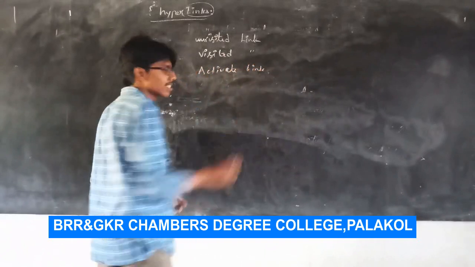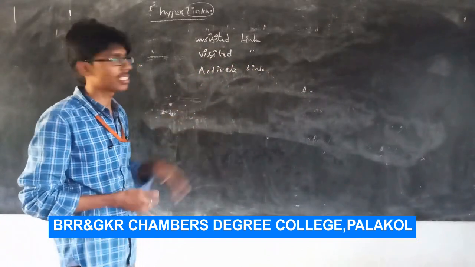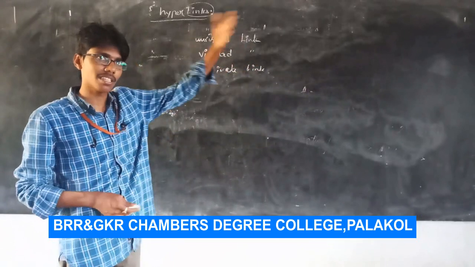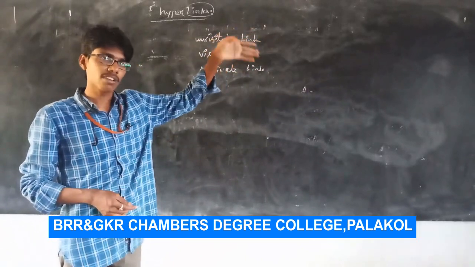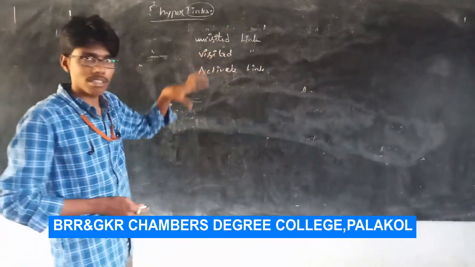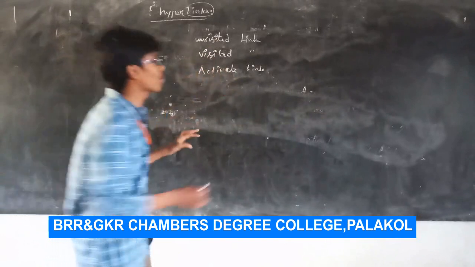These are all links generated by the user or developer who wants to create those links. Here, an unvisited link means a link that has not been visited. We have not clicked on that particular link.